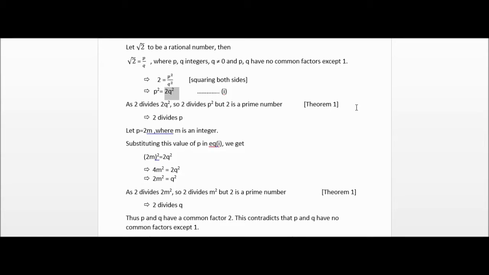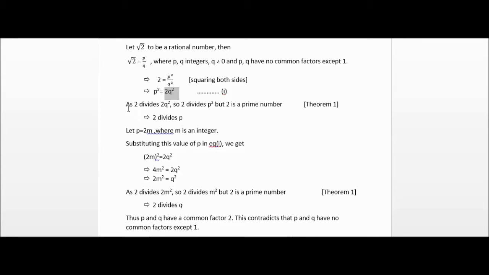Suppose I have taken a number 10. If I write 2 into 10, this total number can be divided by 2 and we will get the result 10. According to that example, 2q square is divisible by 2 because q square is multiplied with 2.